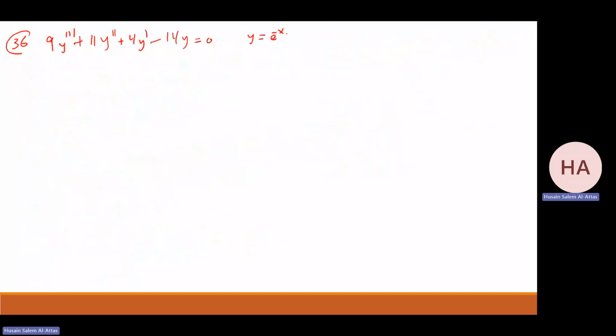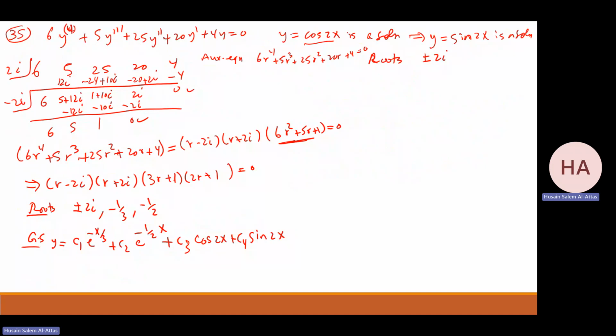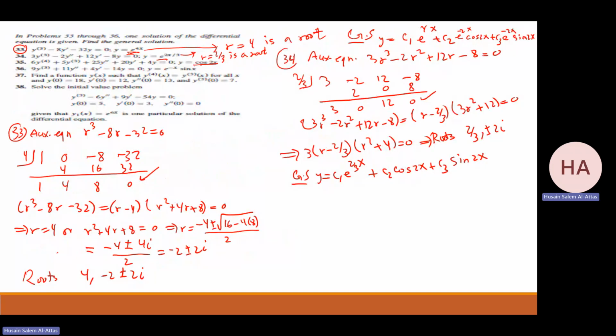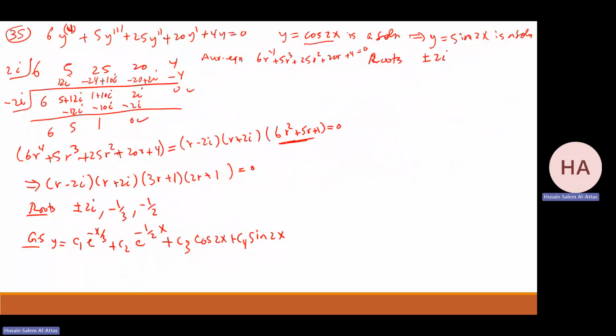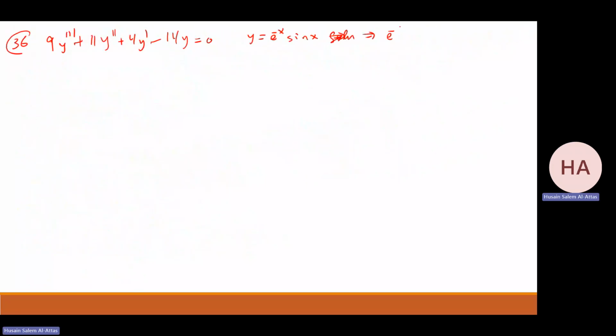Then y is the root, correct? Sin x, not cosine. And that will not make a difference. Sin x. So right away, this is the solution. So right away, this is also a solution. So what are the roots? Plus or minus i.